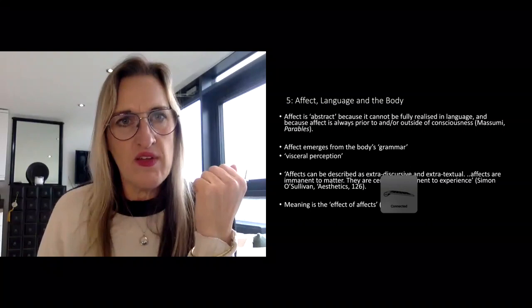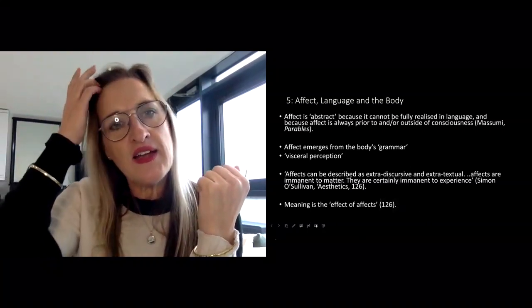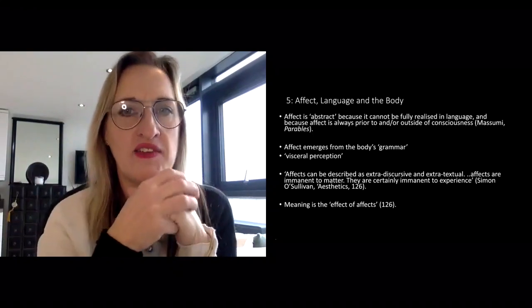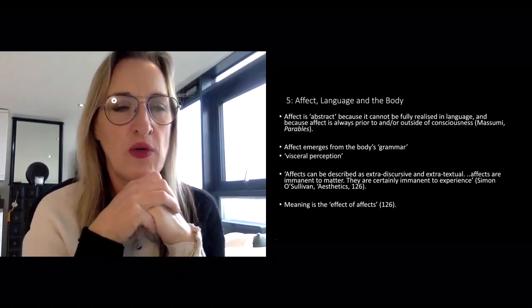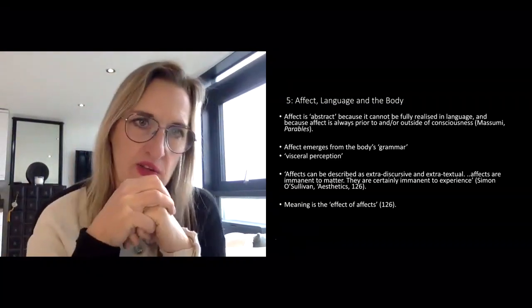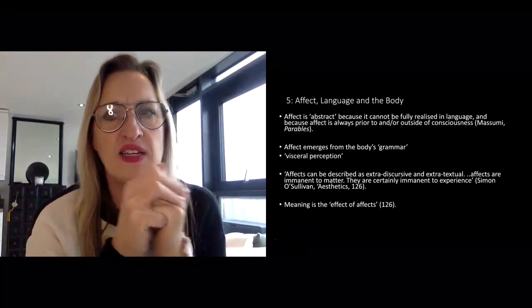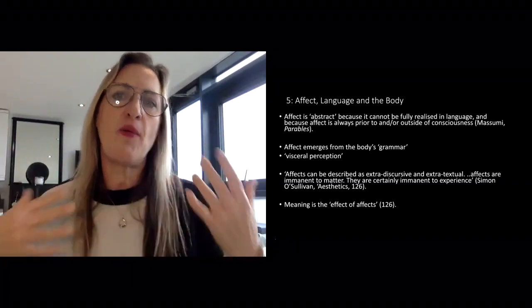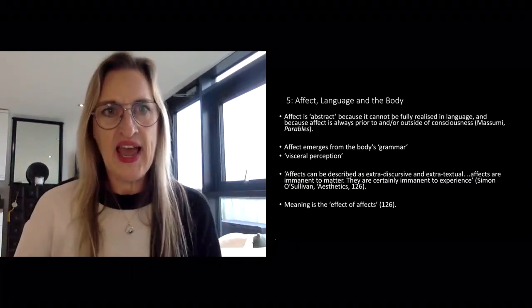Okay. So affect is connected to language as well as the body. So visual languages and obviously literary language. Affect is, Brian Massumi says, abstract because it cannot be fully realized in language.